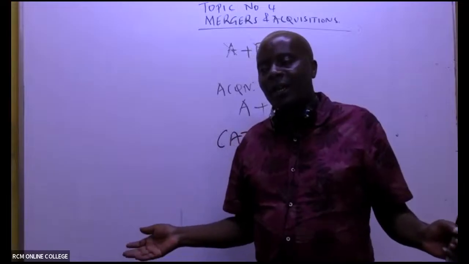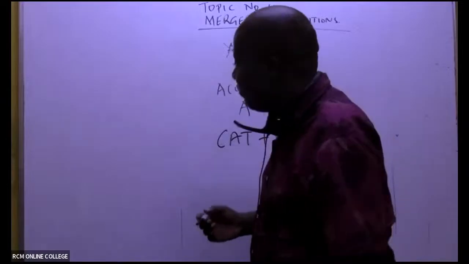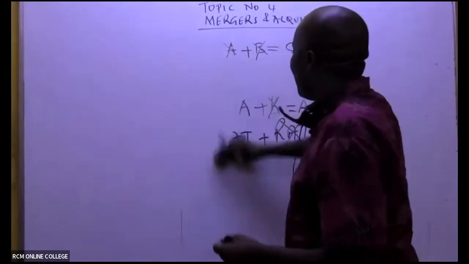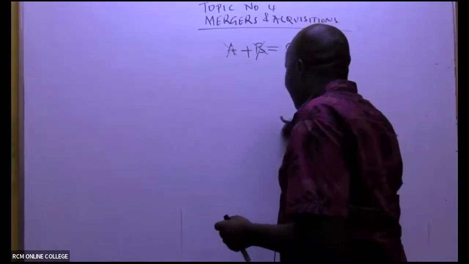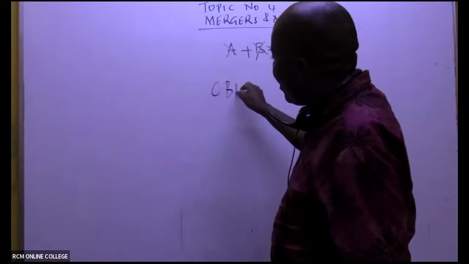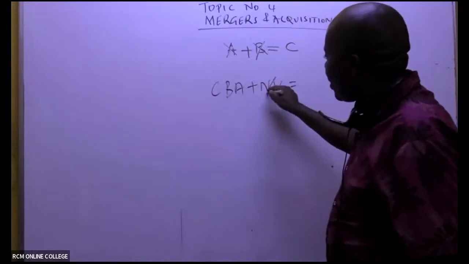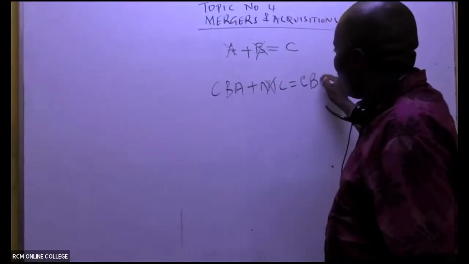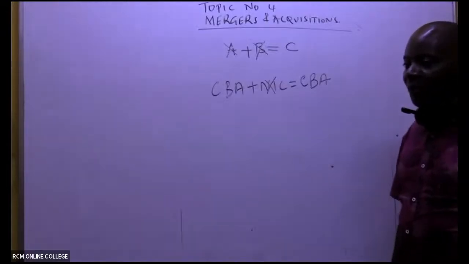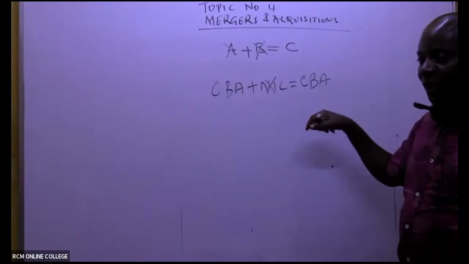Now, somebody is saying CBA and NIC. Let's discuss this. Will this be CBA plus NIC? Do you want to tell me that this was swallowed and then we got CBA? Do you want to tell me that NIC, for example, was swallowed?